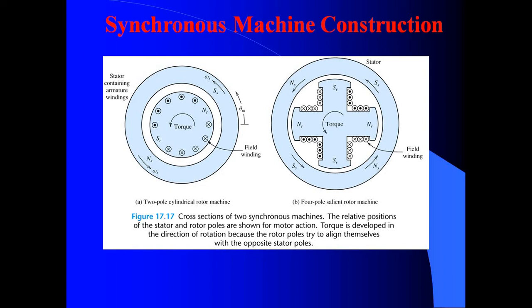The turbo alternator is another technical name for the non-salient pole type. Non-salient pole types are only for 2-pole or 4-pole synchronous machines.